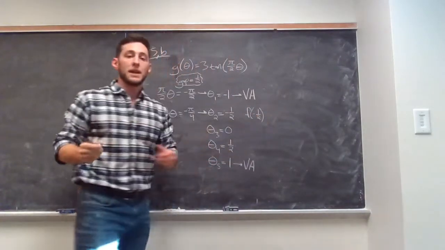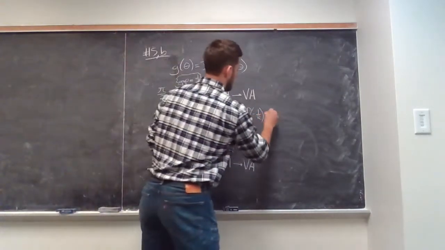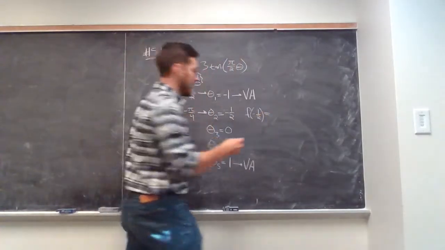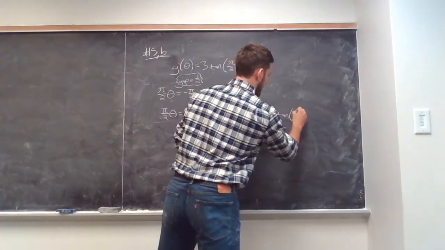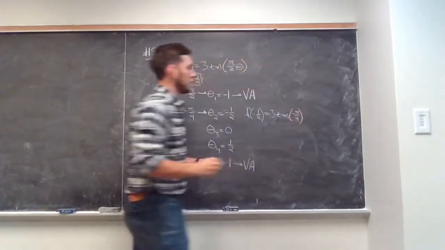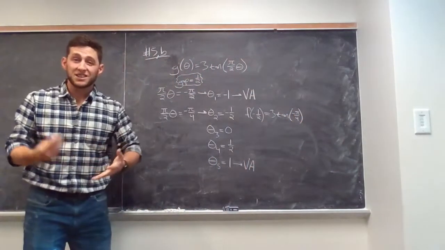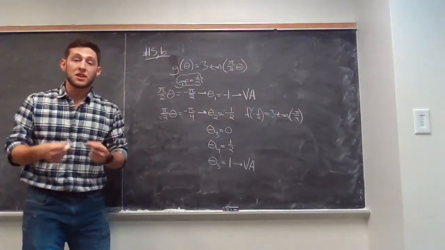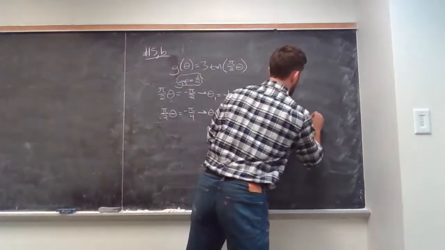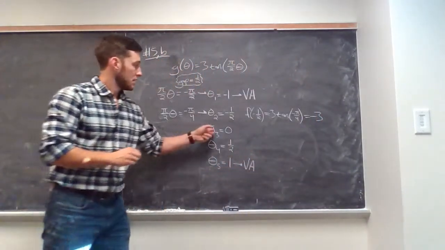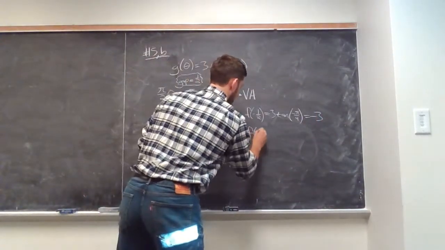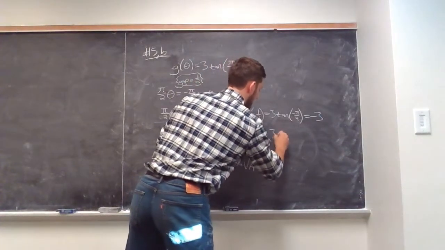F of negative 1/2. Well, by plugging that in, I'll get 3 times tangent of negative pi over 4. But tangent of negative pi over 4 is just negative 1, so this gives me negative 3. Plugging in 0 gives me 3 times tangent of 0.